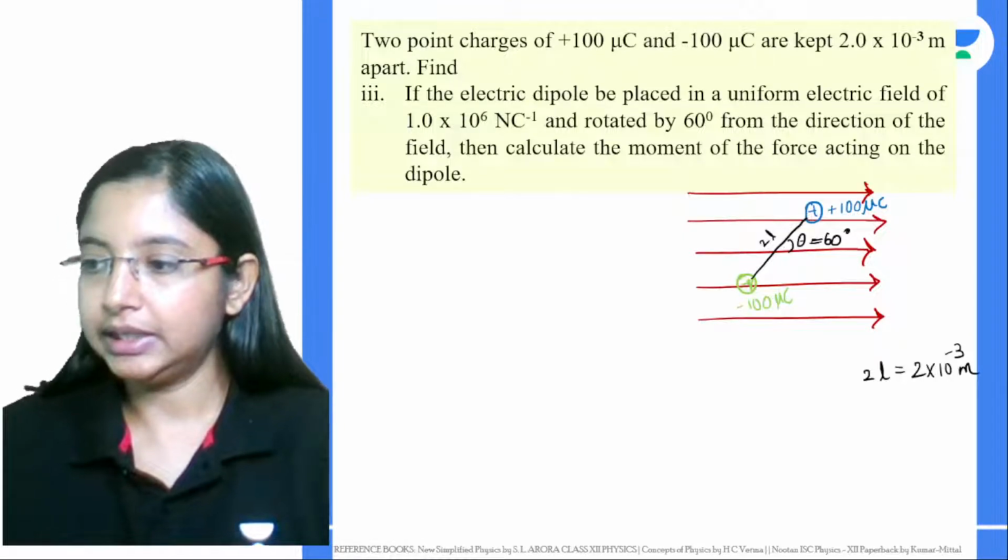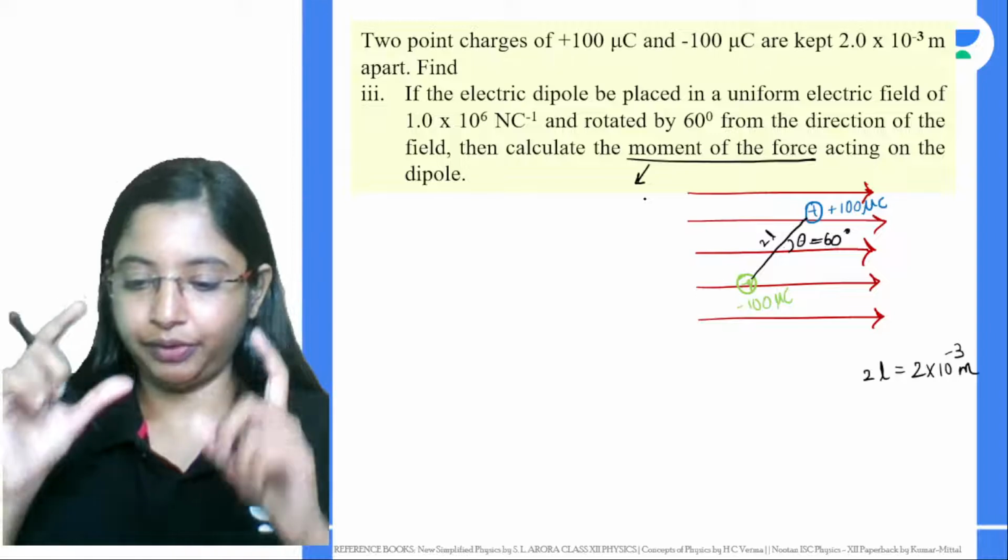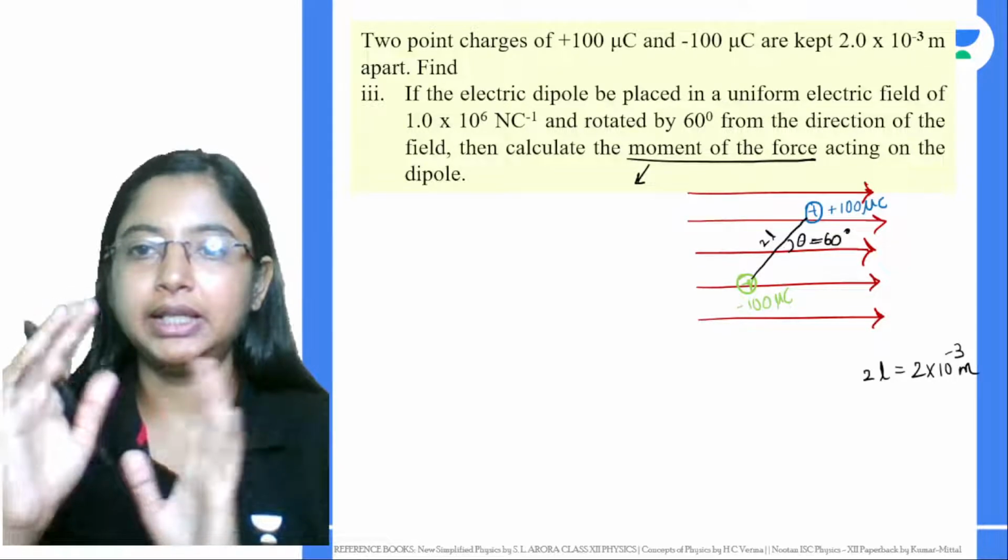The moment of force: you have one dipole, and you're keeping it in an electric field.